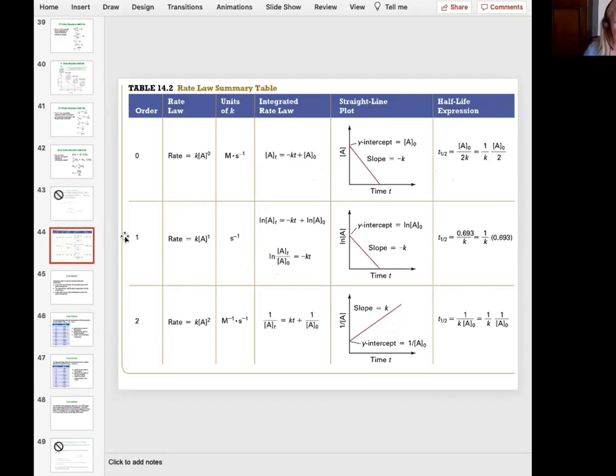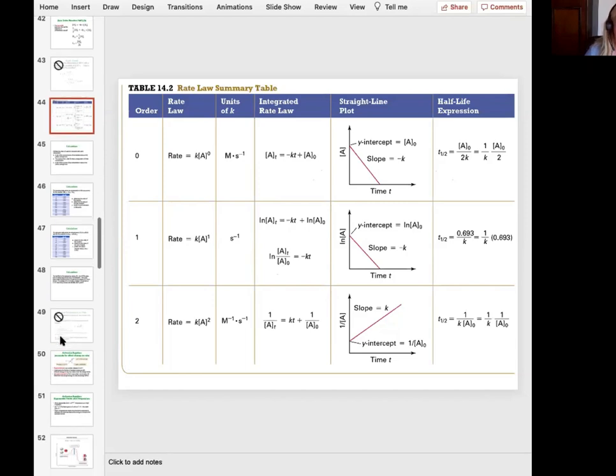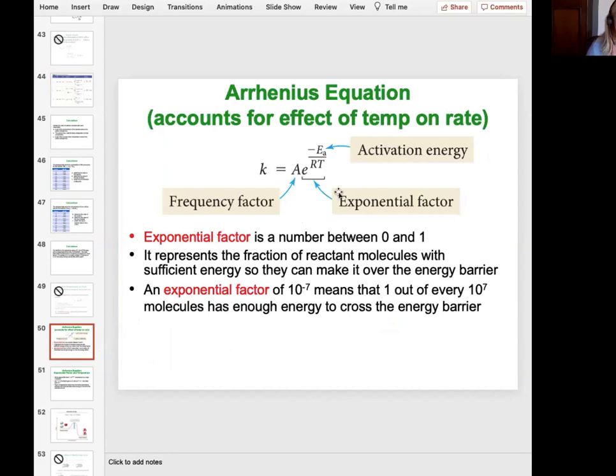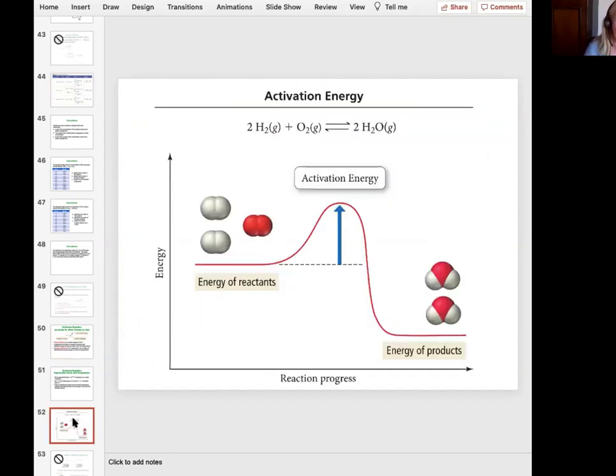So half-lives are important. We also talked about looking at the effect of temperature on the rate of a chemical reaction, and the only equation that allows us to factor in temperature is this Arrhenius equation here. And so here's your temperature component. And this also introduces this term activation energy, which is this energy barrier to get from your reactants to your product for your reaction to happen.